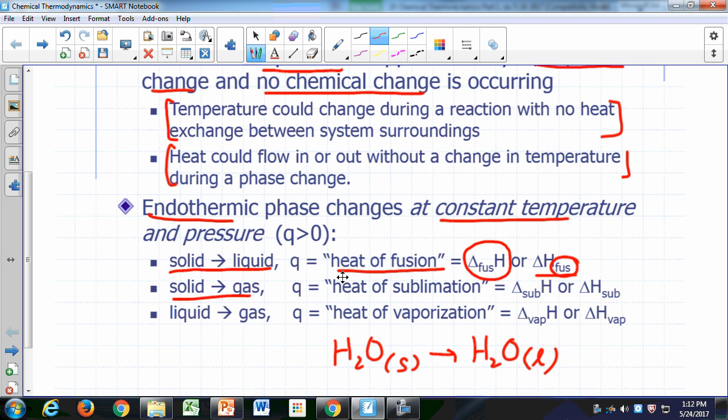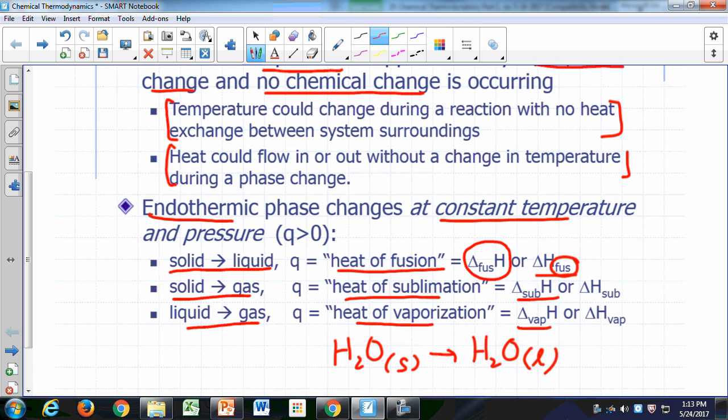The amount of heat involved there is called the heat of sublimation. And changing from liquid to gas is evaporation or vaporization. The heat involved there is called the heat of vaporization, or delta H vap. And for sublimation, it's delta H sub.